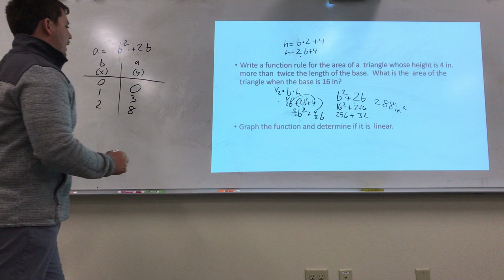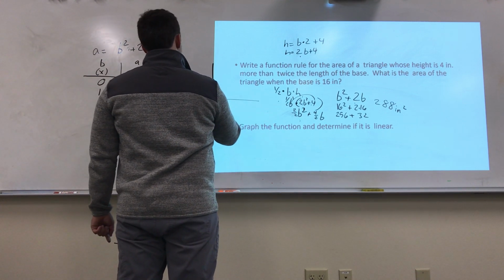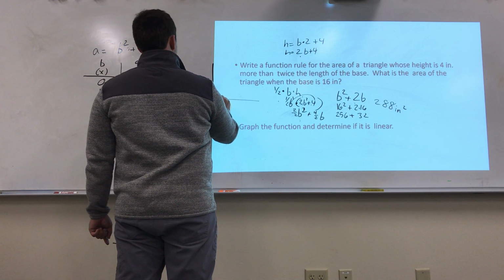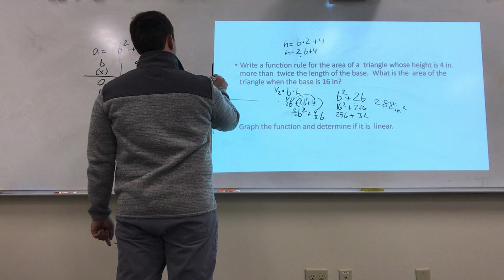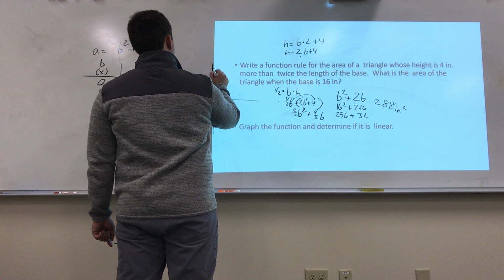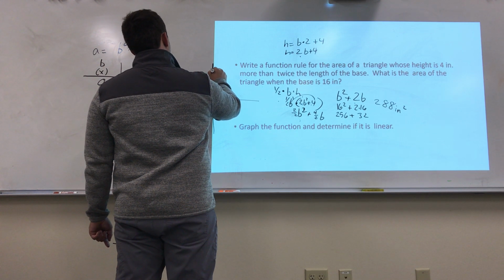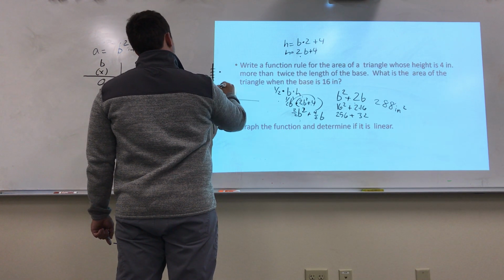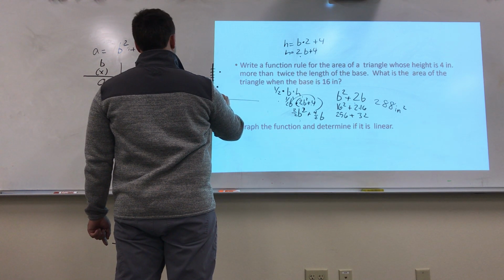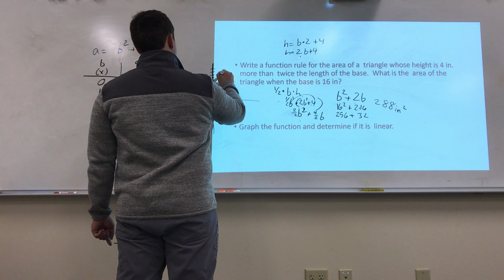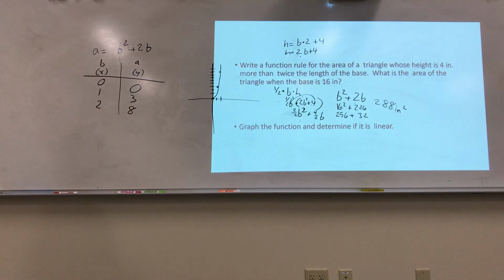So if I had to graph this, I'd have a point here, point here, a point here. You'd have something like that. So is that a linear line? No.